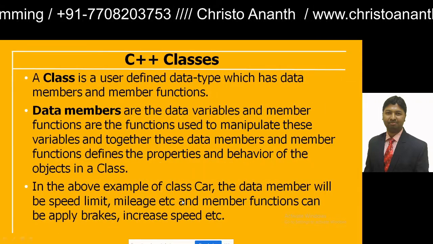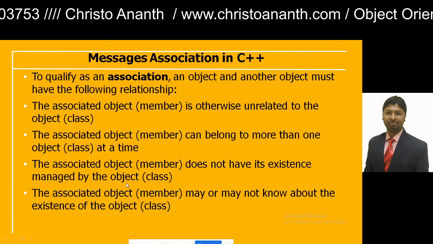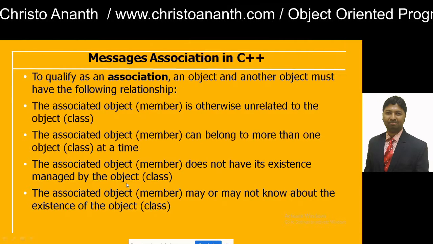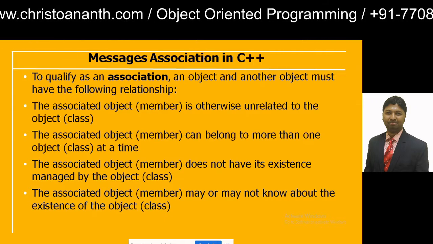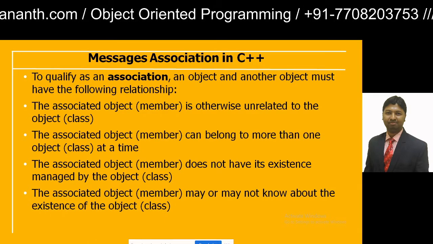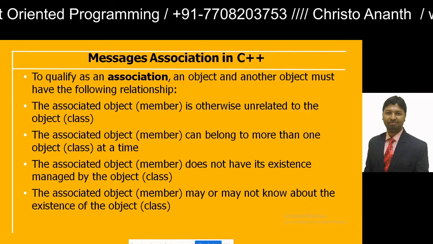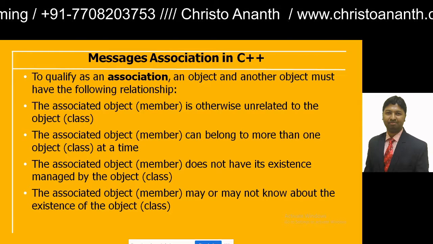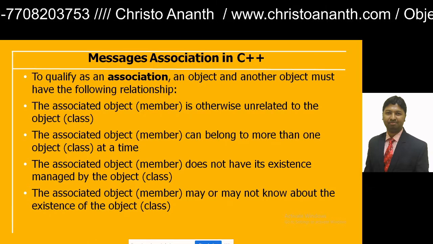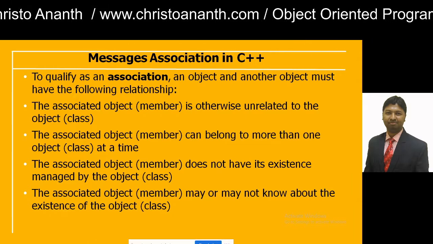Similar thing, you extend this in C++, where you associate the members of the class. So here an object can be related with another object with the following relationship. For example, the associated object is otherwise unrelated to the object which is the class. So a member is different from the class.